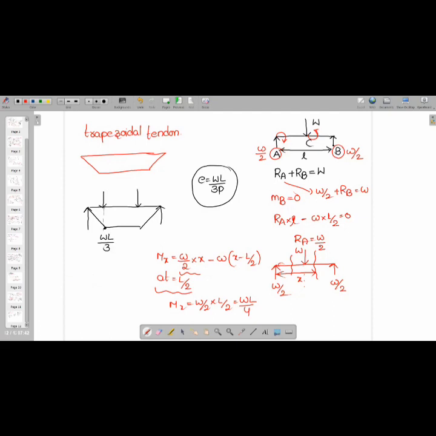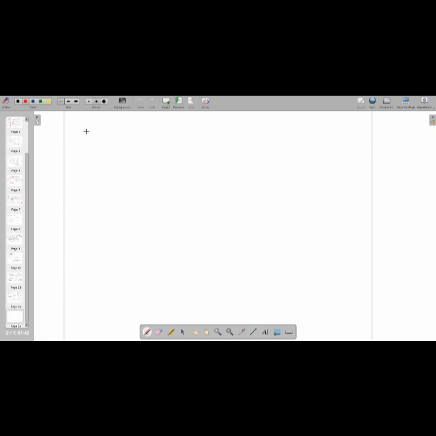Now see students, is it clear? Now similarly, if you want to talk about UDL loading, there is a simply supported beam having a UDL. If I consider a section X, the total load will be how much, sir?